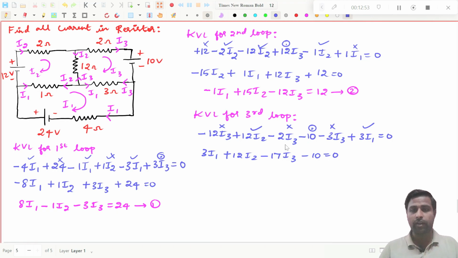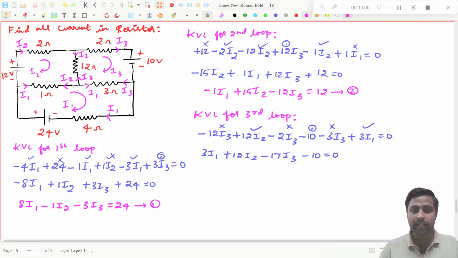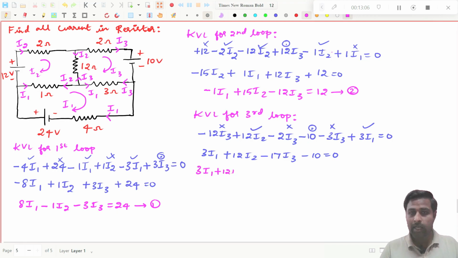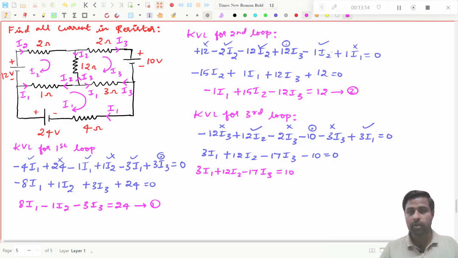So if I keep all these terms in the left hand side, I will bring this minus 10 to the other side. So I will get 3I1 plus 12I2 minus 17I3, which is equal to 10.